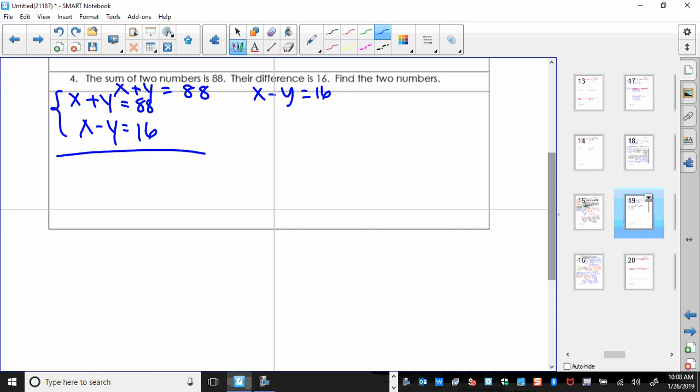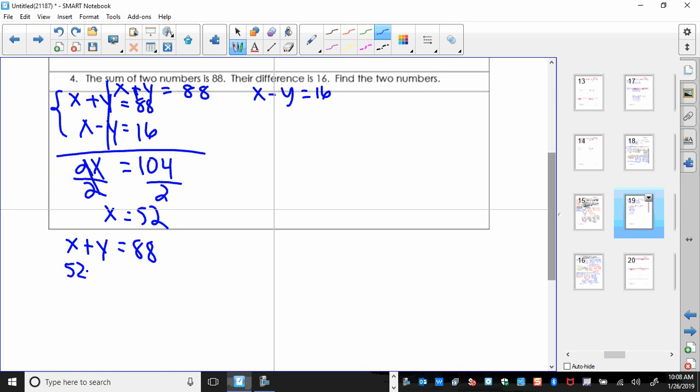So eliminate y. x plus x is 2x, equals 88 plus 16 is 104. Divide both sides by 2. I get x equals 52. That's x. And then I need to check for y. So I have x plus y equals 88. 52 plus y equals 88.